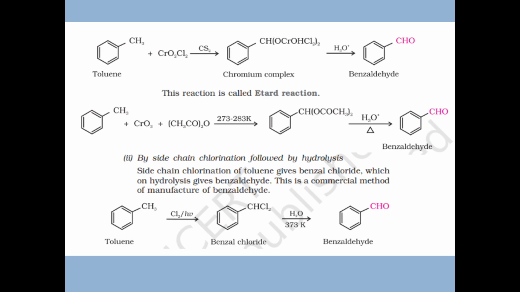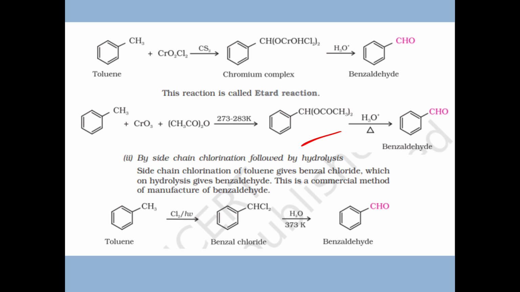Now oxidation of toluene will give benzaldehyde in presence of CrO2Cl2 in CS2 as a solvent. It is called the Etard reaction. Then CrO3 in presence of acetic anhydride will also produce benzaldehyde after hydrolysis of this intermediate.